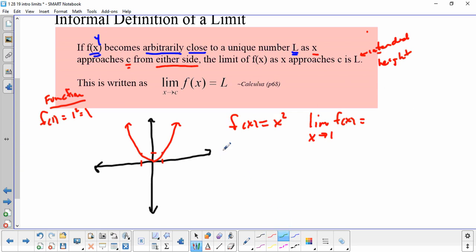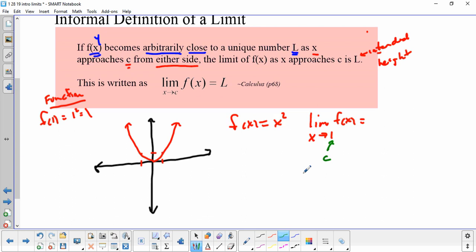So, for example, if I were to do this limit, we are trying to figure out what our y value is approaching as I approach a c value. The c value in this case is 1 from either side. So we are going to be taking values of c of 1, and we're going to be approaching from either side.